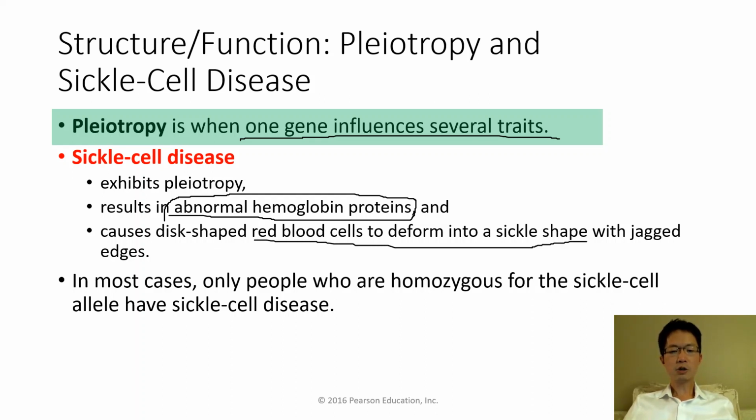So one gene mutated will cause two phenotypic changes. One is the hemoglobin protein changes structure. Another is the red blood cell. Originally it is a biconcave disc like a donut, and then it will now become a sickle shape with jagged edge.